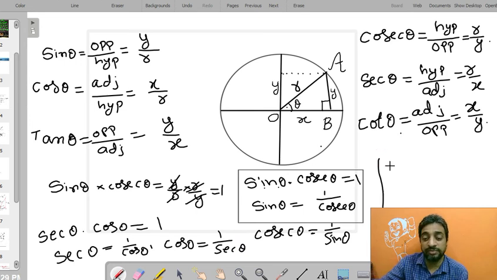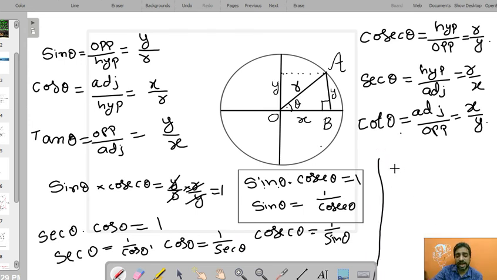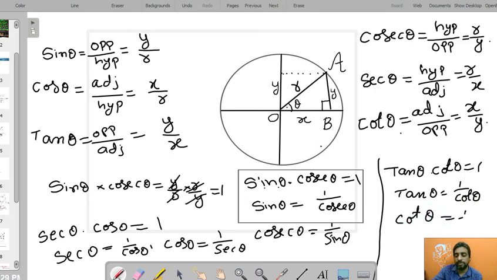And one more thing, coming to tan. In the same way, tan theta into cot theta is equal to 1. Hence, tan theta is equal to 1 by cot theta, and cot theta is equal to 1 by tan theta.